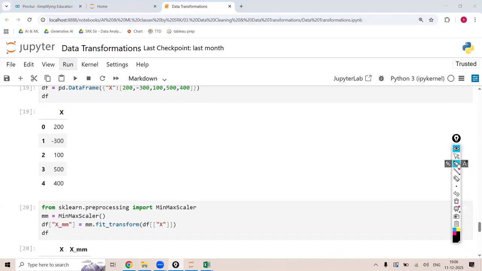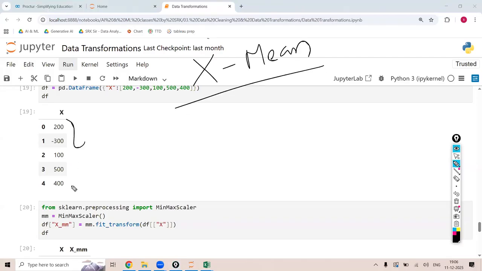Now what is meant by standard scalar? Standard scalar means nothing but x minus mean value, where the mean value is for the given data, divided by standard deviation. As per statistics, what is meant by standard deviation?